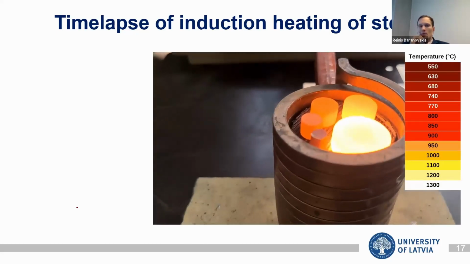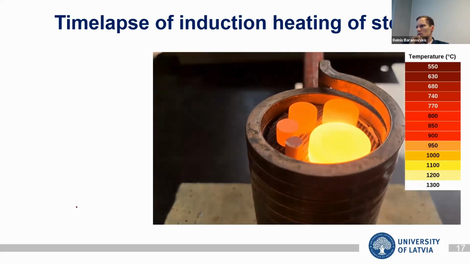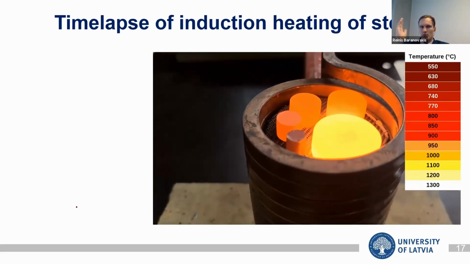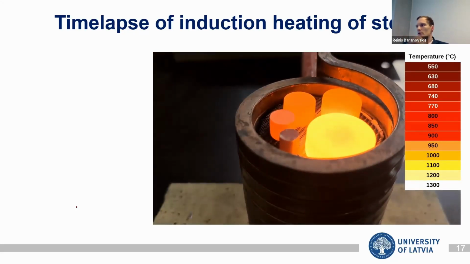Here, all the heating took place within a couple of minutes, but there exist applications where you can heat, especially steel, to red glowing hot within a couple of seconds. I've seen demonstrations from German industry where you really increase the current in the coil, and you can achieve tremendously quick heating.